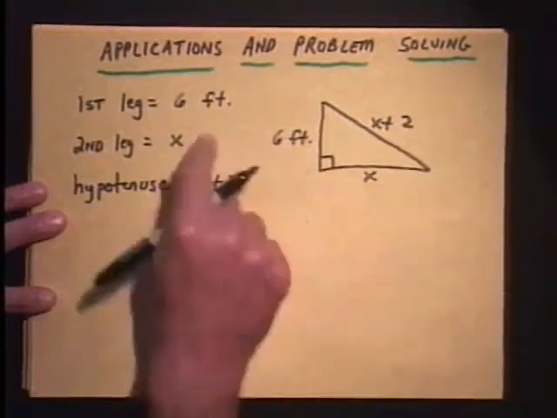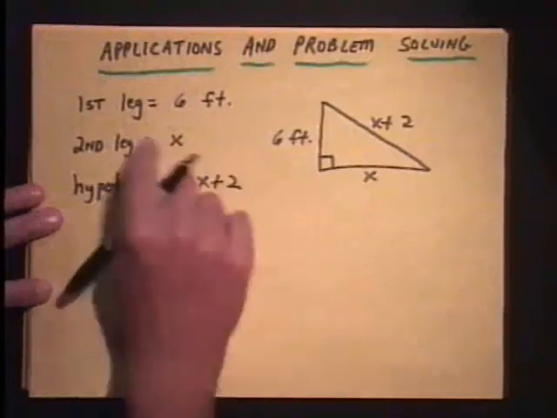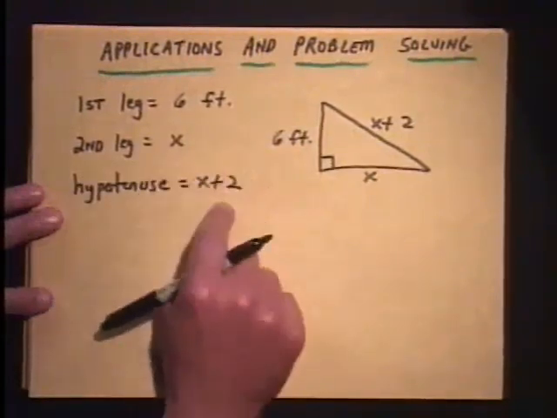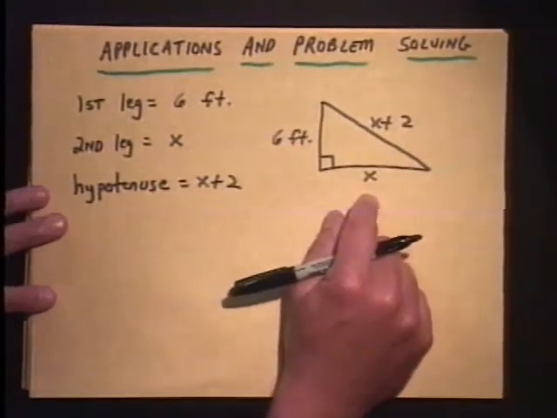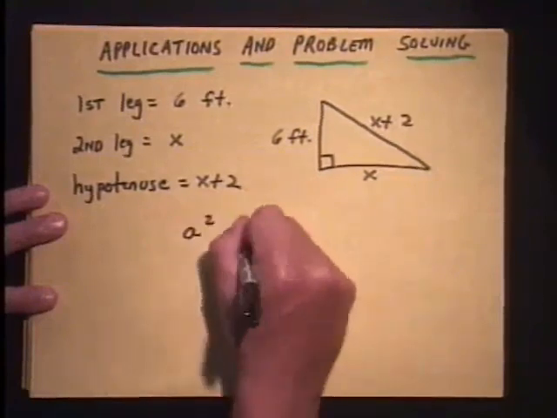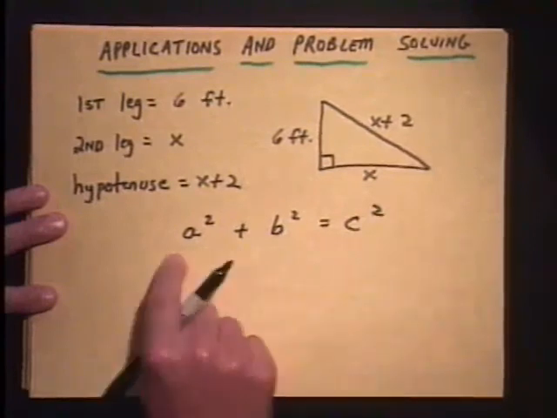When you're doing these application or word problems, you have to read the problem carefully, make sure you identify what's being given, and get those variables lined up so we can solve the rest of this problem. Now the Pythagorean theorem says a squared plus b squared equals c squared. So you know what we're going to plug in for these, don't you?